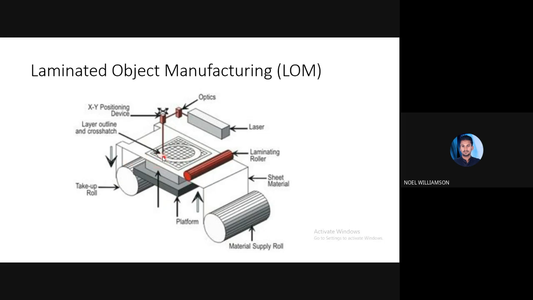Then the roller will move over that, and the platform will rise a little bit, so it will give the pressure, so the layers will be pasted to each other. It will join together, because we are using adhesive coated paper or plastic or anything.